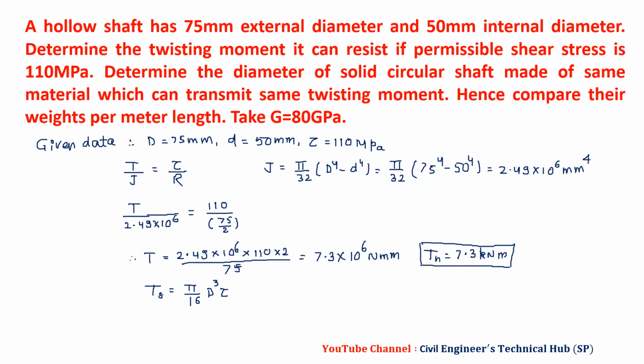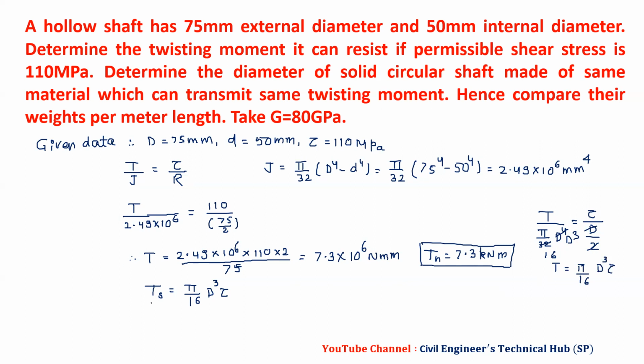Now how it comes, I already explained: T by J equals tau by R, with J equal to pi by 32 d to the power 4 for solid. So 2 gets cancelled, it becomes 16, and one d gets cancelled, it becomes d cube. And therefore T is equal to pi by 16 d cube tau.